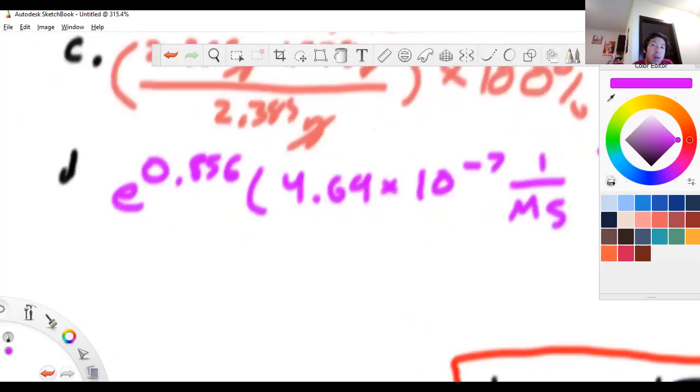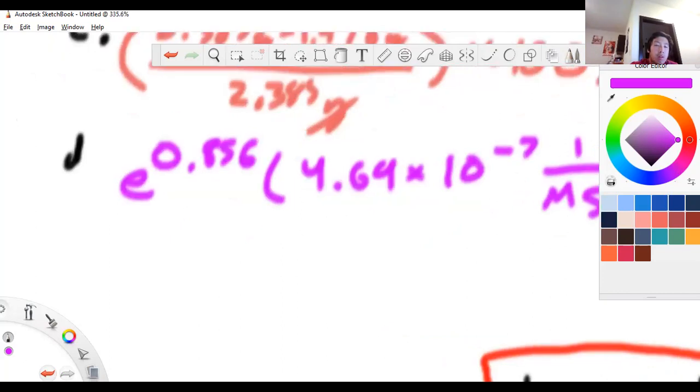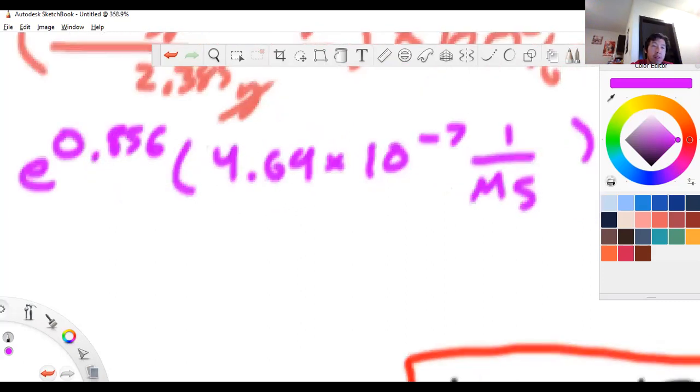Okay. So use the 8.56. That is 3 sig figs.